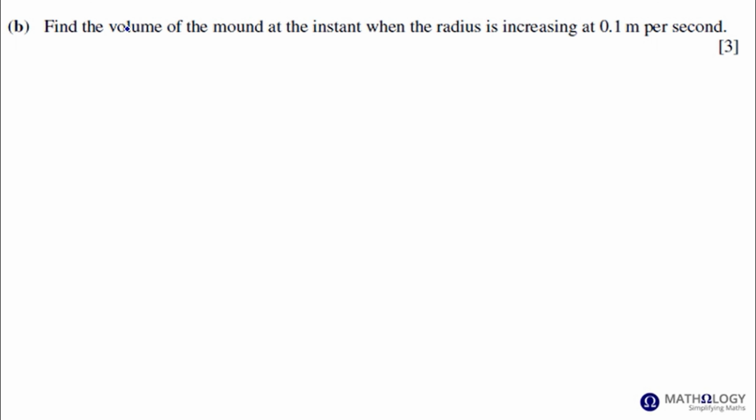Find the volume of the mound at the instant when the radius is increasing at 0.1 meters per second. Okay, so now they are telling us that the radius is increasing at that rate. So the radius is changing positively at a rate dr/dt equals 0.1 meters per second. We need to find the volume at this instant when the radius is increasing at that rate.